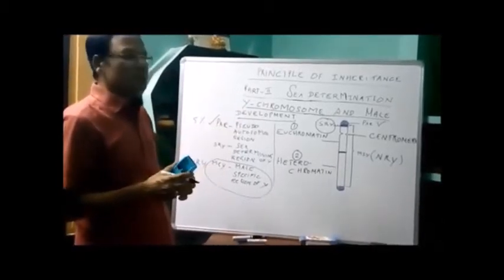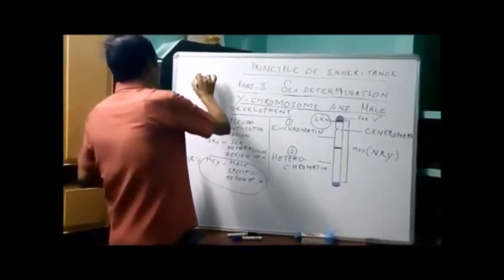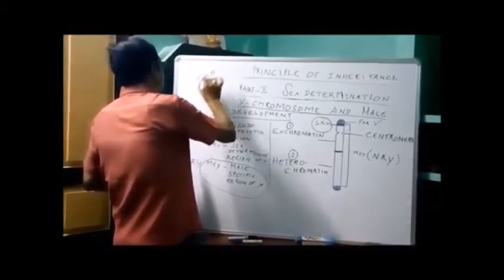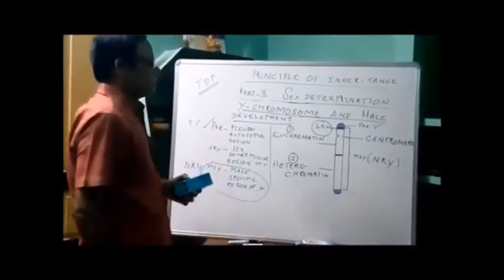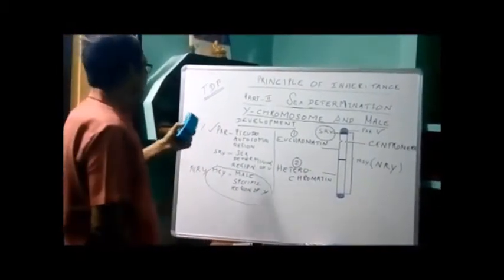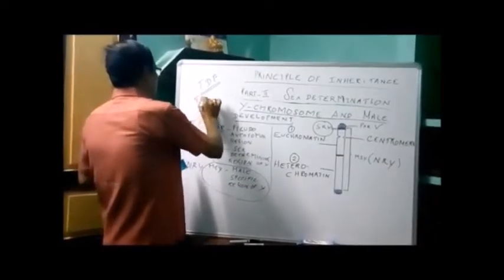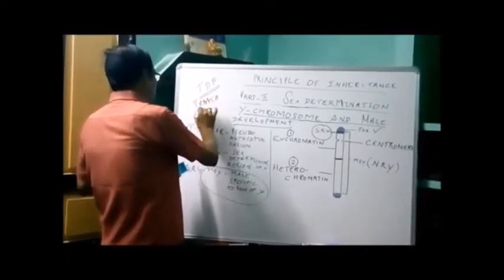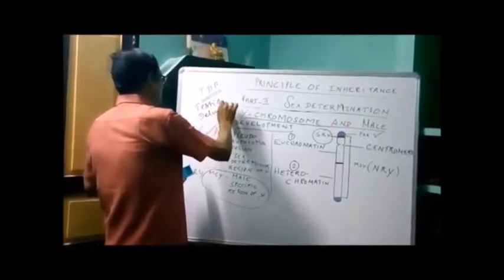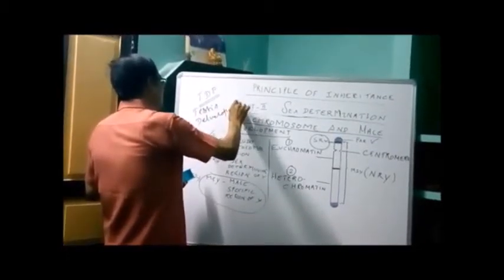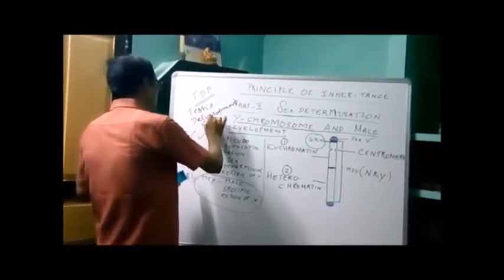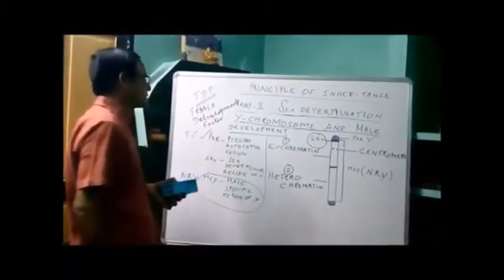Its product is called testis development factor. The region is coding for testis development factor. Testis development factor is a product of the region SRY.